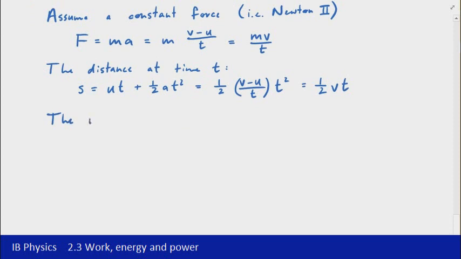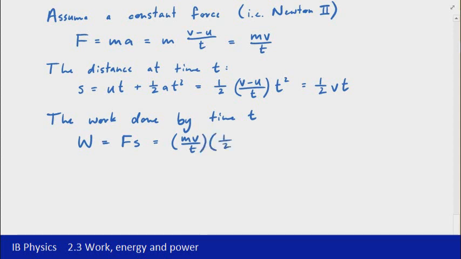So there's our expression for force and an expression now for distance. The work done in accelerating the object up to the speed v, or in other words the work done by the time t, is going to be equal to force times distance, and we've already seen that the force can be expressed as mv on t, and the distance can be expressed as half vt.